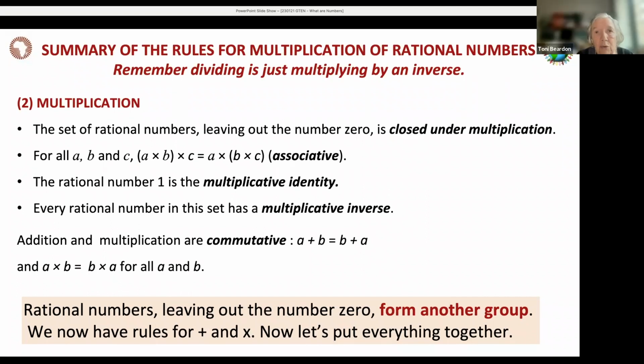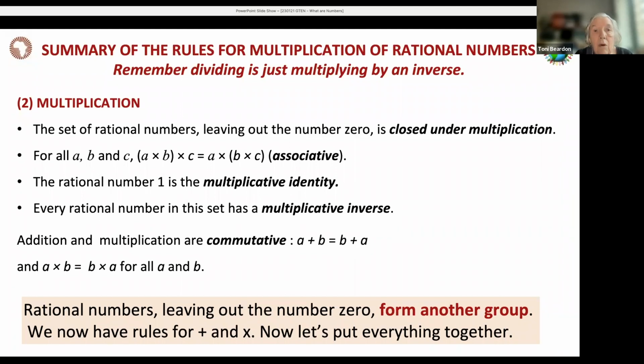Now, rule number 2 applies to multiplication, and we've got exactly the same pattern of 4 bullet points, 4 different sorts of properties for multiplication, same as we saw for addition. The set of rational numbers, leaving out the number 0, is closed under multiplication.